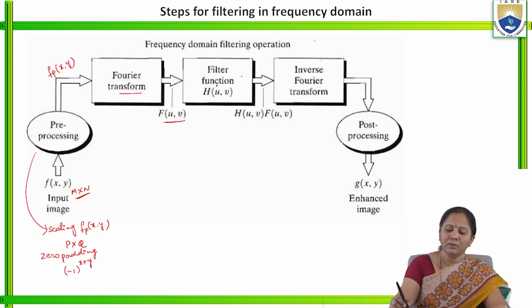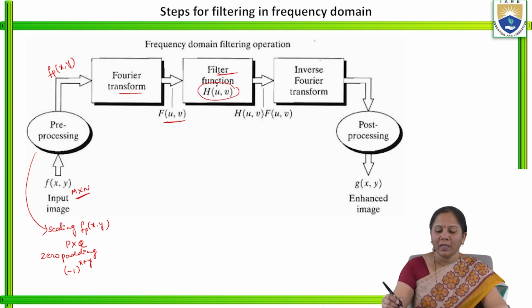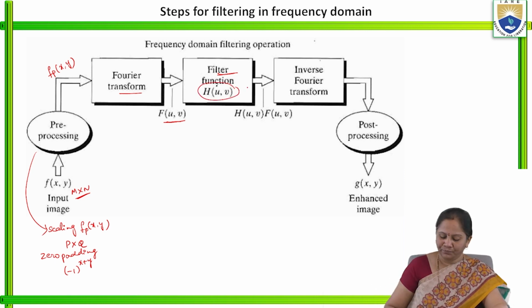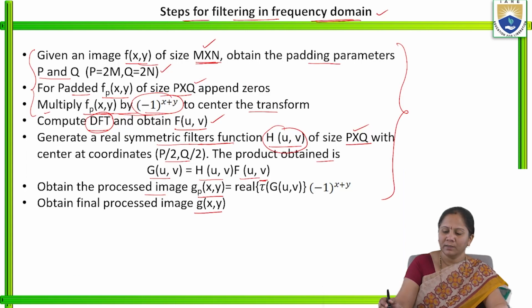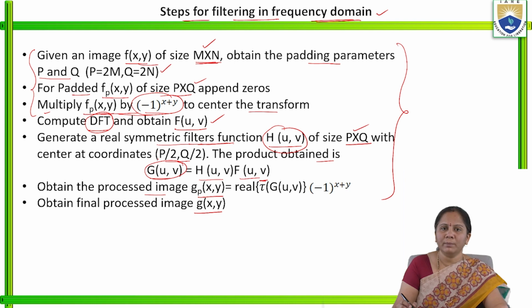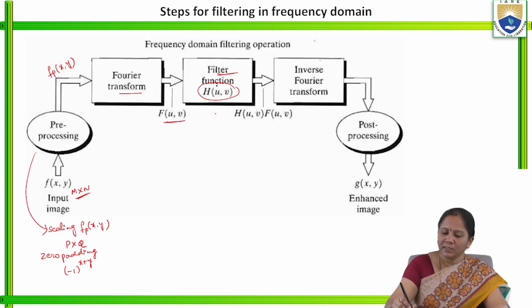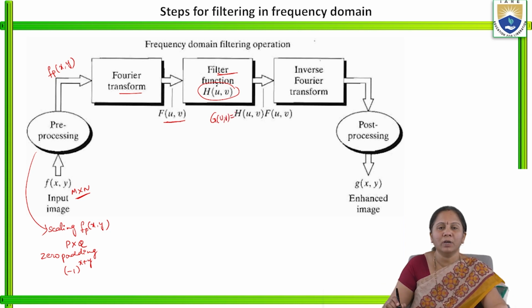The output of the filter is g of u comma v, which is equal to h of u comma v into f of u comma v.